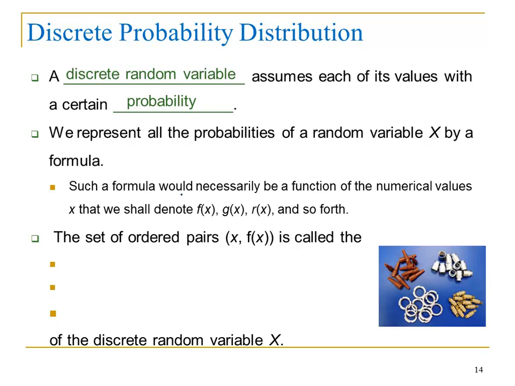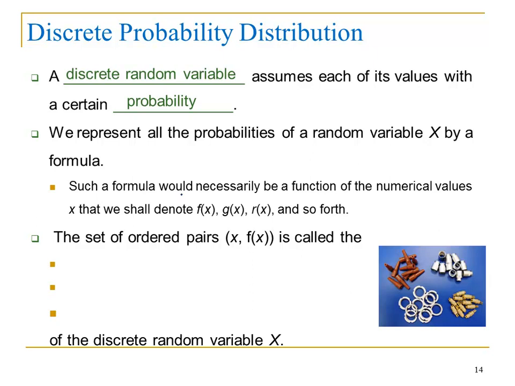Now, we represent all the probabilities of a random variable x by a formula. Such a formula would necessarily be a function of the numerical values x that we shall denote by f(x), d(x), r(x). You can choose one of the three, and so forth. So we're going to have a function that is a formula that defines the numerical values for this random variable.